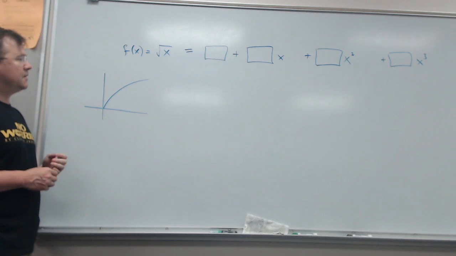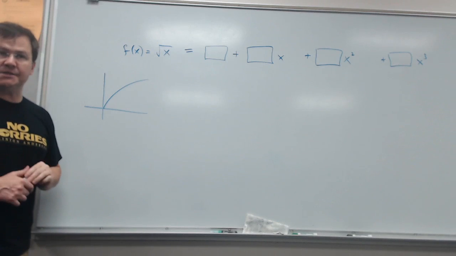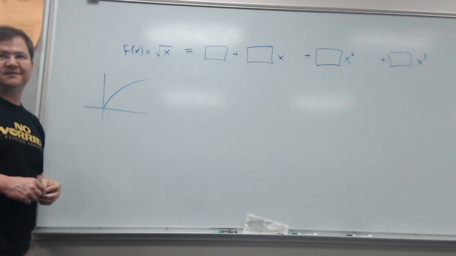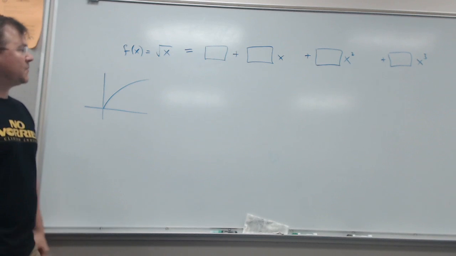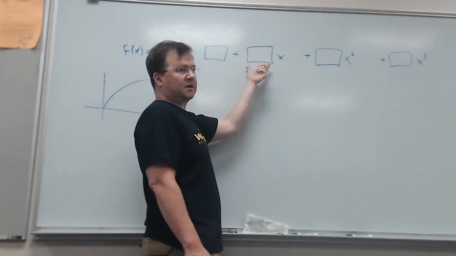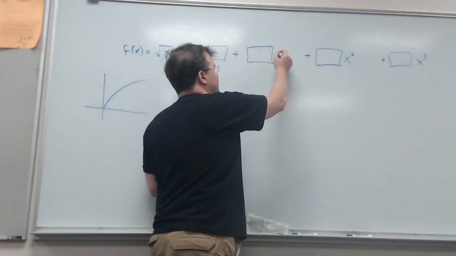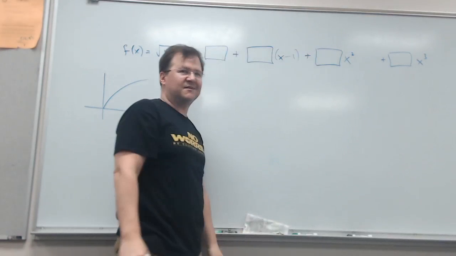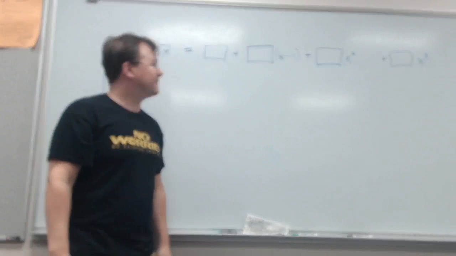But what I want to do right now is find a Taylor series centered not at 0, but at 1. That is to say, I still want to find a constant to put right here. I still want to find a constant to put right here, but it's going to be times x minus 1.